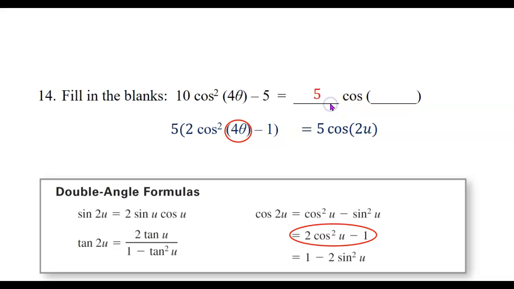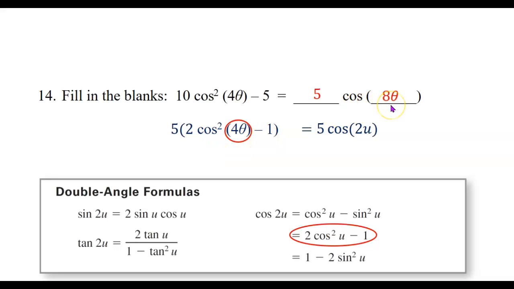So we've got 5 times the cosine of, remember I said u was 4 theta, so 2u would be 8 theta. So that's what goes in the blanks. 10 or 5 times the quantity 2 cosine squared of 4 theta minus 1 is equal to that 5 times the cosine of 8 theta.